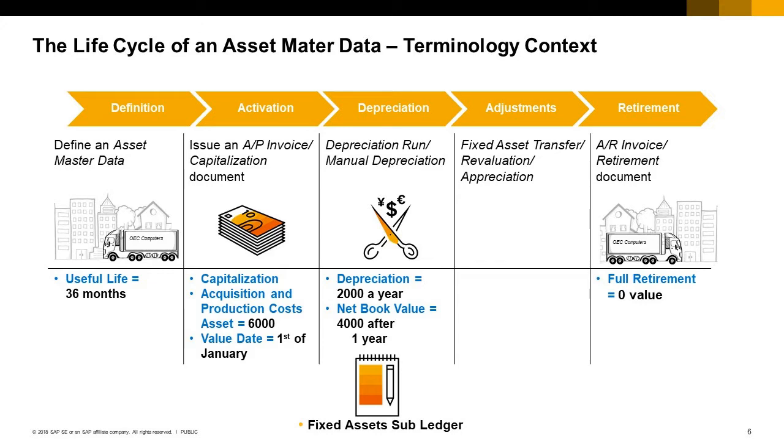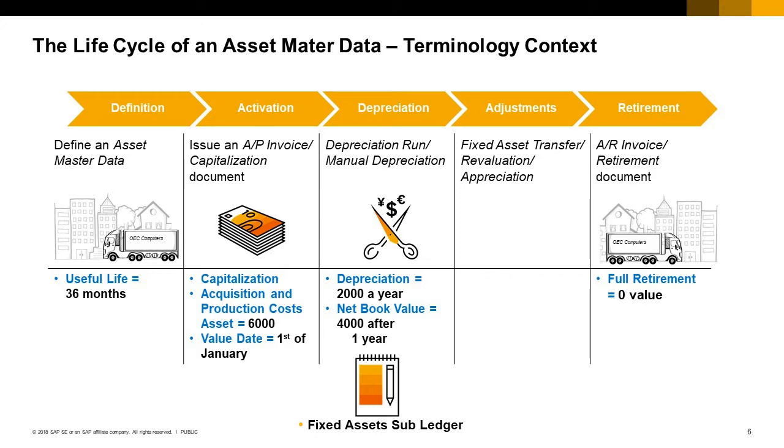In the AP invoice, the asset value date, under the Accounting tab, is set by default to be the same as the AP invoice posting date. This date can be changed before adding the AP invoice to update the asset value date in the capitalization document. For the truck we enter the 1st of January. Each period the company calculates the depreciation on the asset.